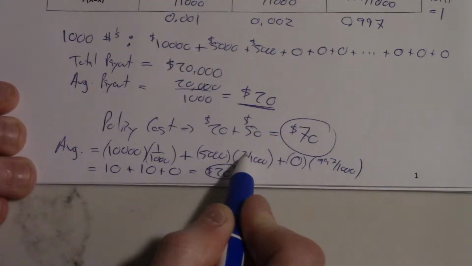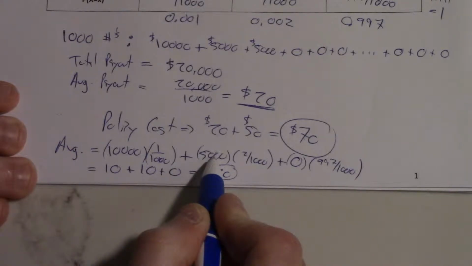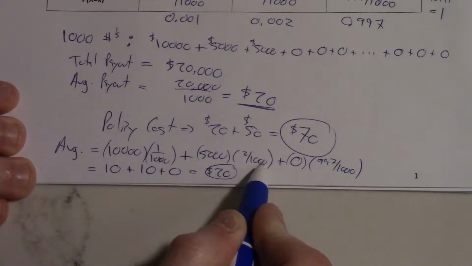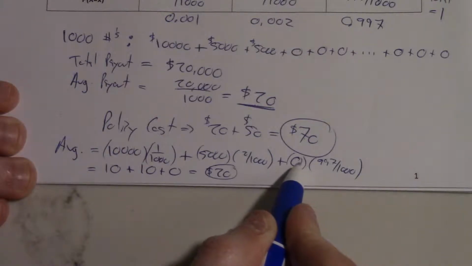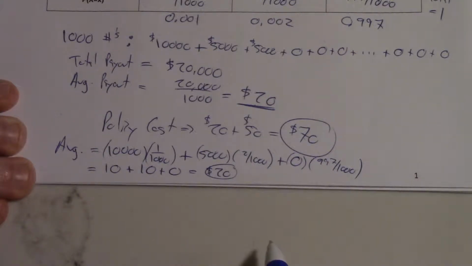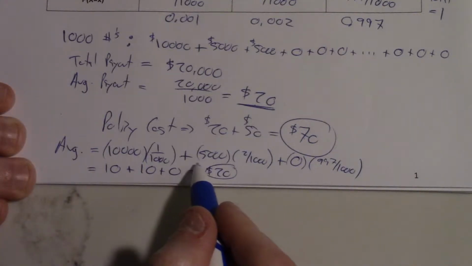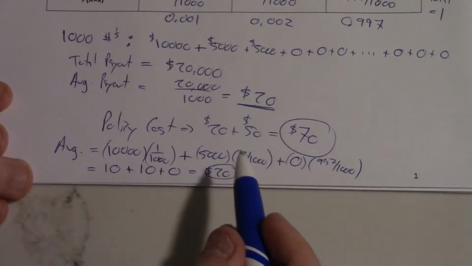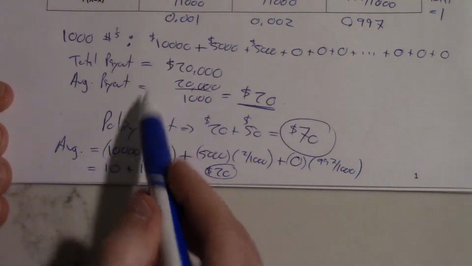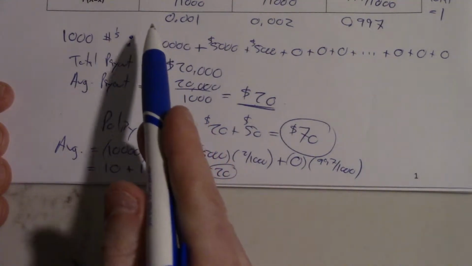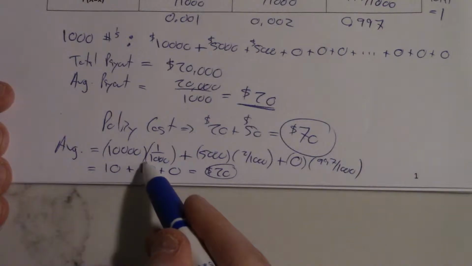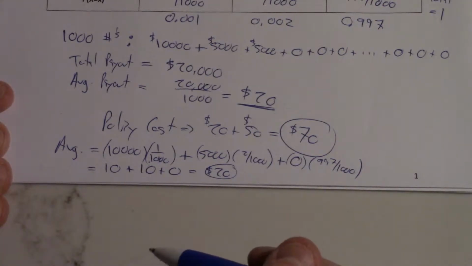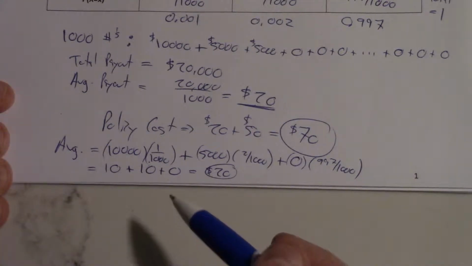Then you add 2 5,000s out of your 1,000 numbers, plus 997 zeros out of your 1,000 numbers. And we end up with the same result. So there are two ways to compute an average from a probability distribution. We will use this shorthand way, and we'll do that more later.